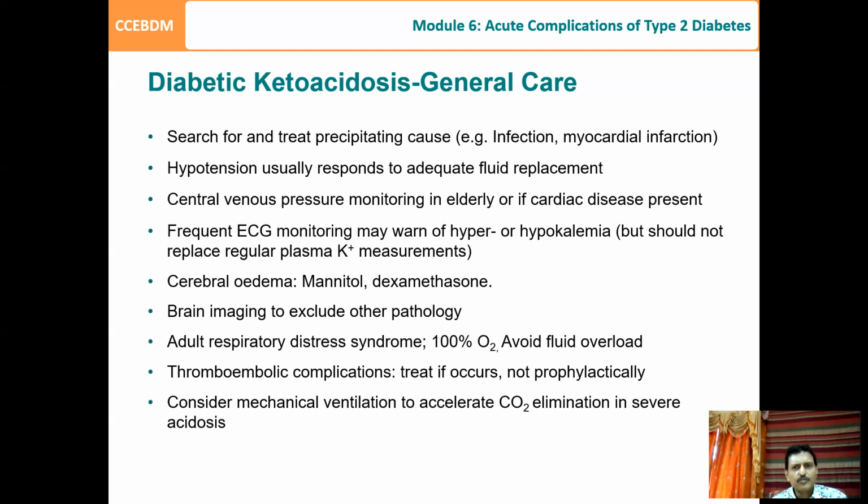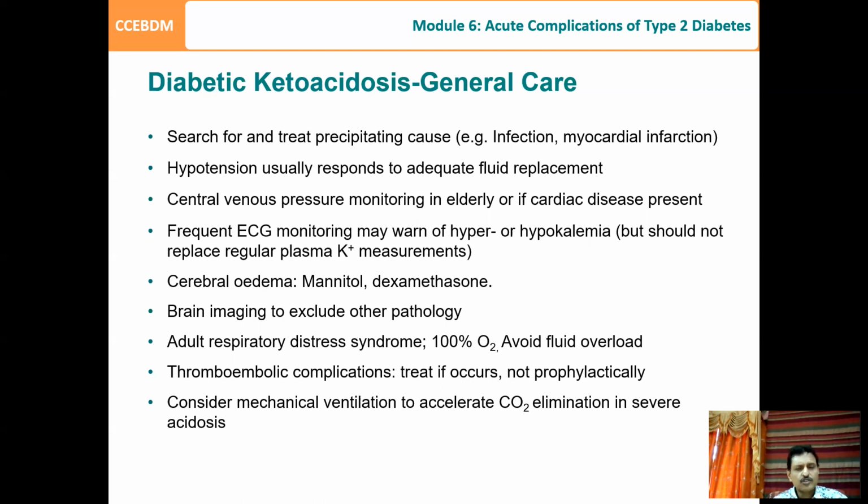Frequent ECG monitoring is required for hyper or hypokalemia. Cerebral edema, as I've told you, is to be treated with mannitol or dexamethasone. Brain imaging is done to exclude other pathologies, especially stroke in elderly subjects. Adult respiratory distress syndrome can occur very rarely, and thromboembolic complications. Mechanical ventilation is required very, very rarely. I have never used mechanical ventilation to correct this severe acidosis.